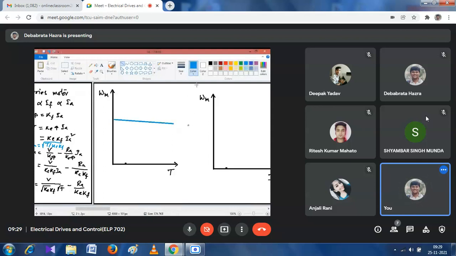What is the nature of speed versus torque? Because omega is inversely proportional to the square root of the torque, the nature should be like that.